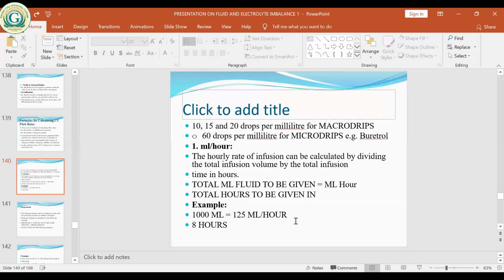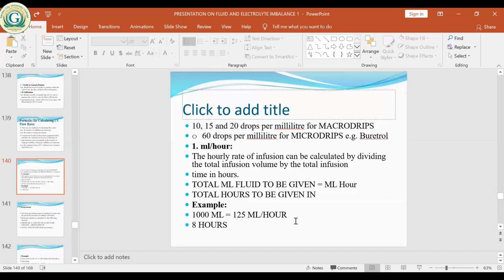You are using mil per hour, and the time is 8 hours. What will be the drop rate when you are giving that? Yes, Solomon. The answer is even on the screen. 125 mil per hour.